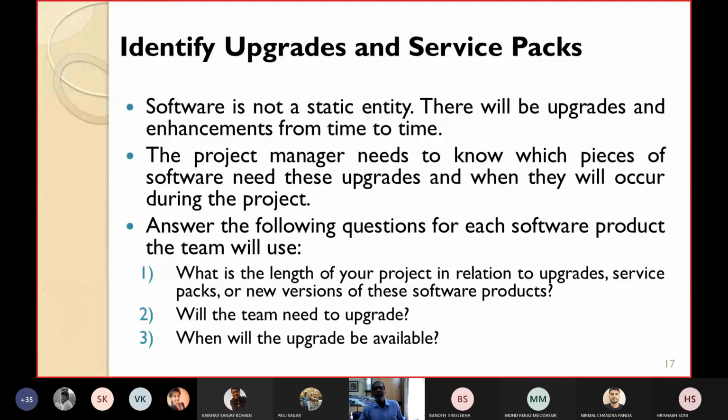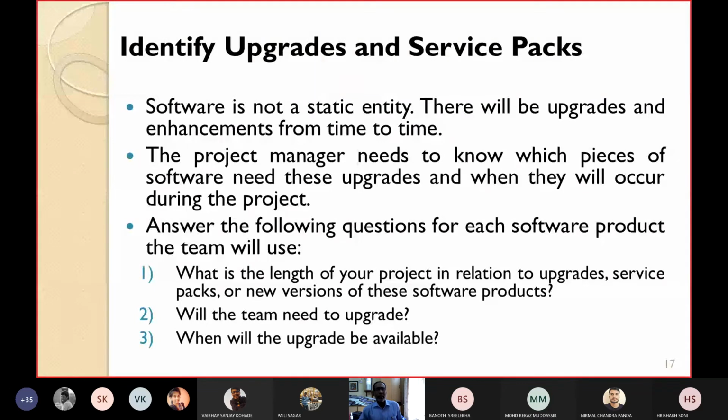So the project manager needs to know which pieces or modules of the software need these upgrades, and not only that, when they will occur during the project.